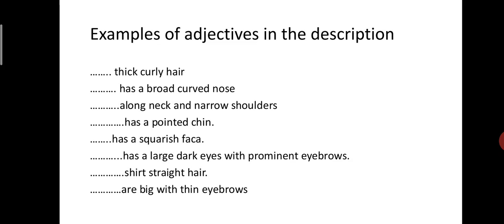He has short, straight hair and big eyes with thin eyebrows. See what kind of adjectives are used in the description in these examples. This is the important part of the description. The appropriate description is an important part for the description of any person or any man or woman.